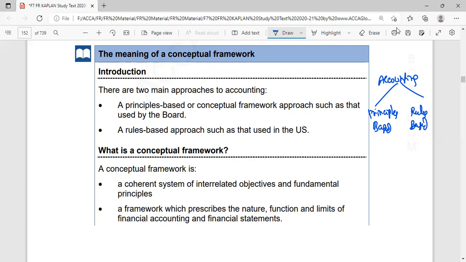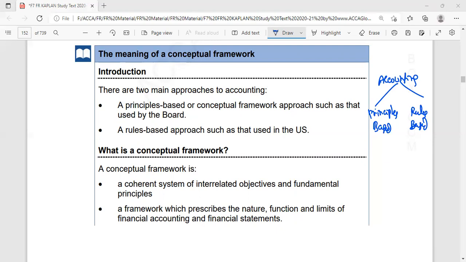What is the principles based approach? Generally, the majority of the countries follow the principles based approach. Here we adjust the accounting principles to the company's transactions rather than adjusting the company operations to the accounting rules.